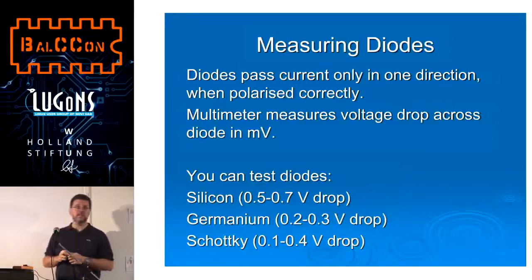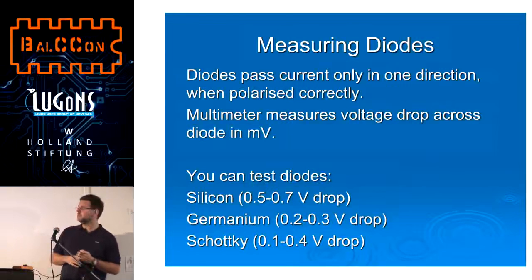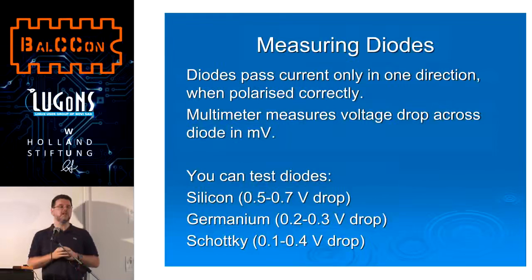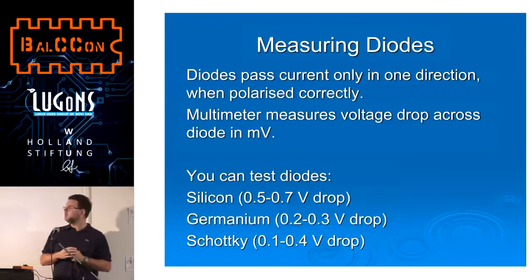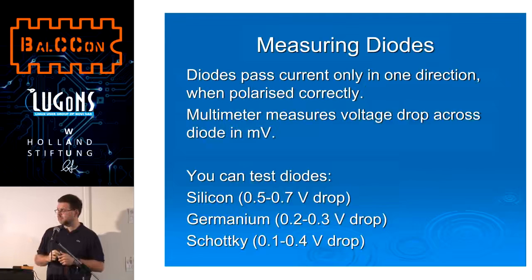Diodes. If you know what a diode is, it's an electrical component that passes current from one side to the other only if correctly polarized. If the polarization is reversed, it cuts off the current.